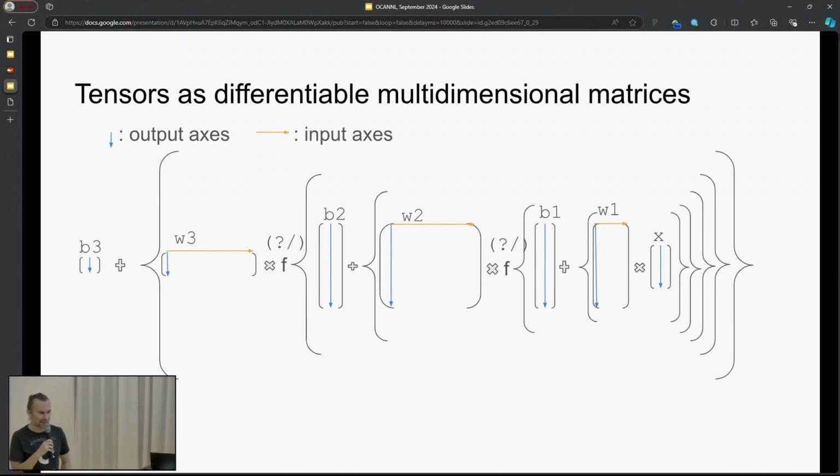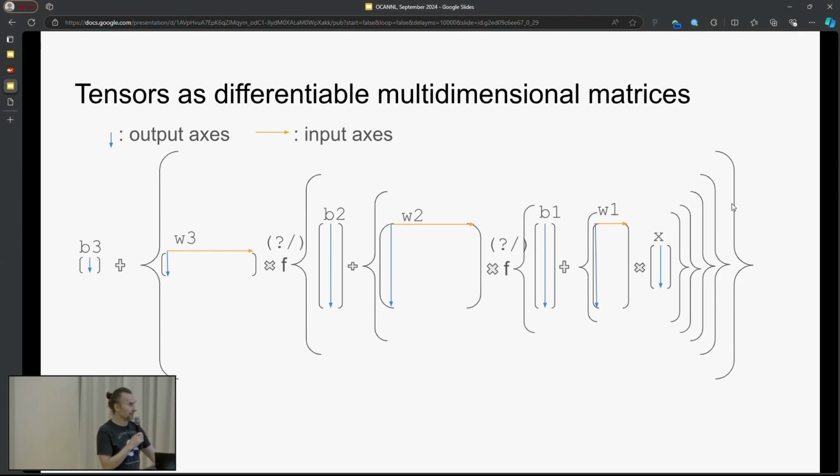So what does the model look like? It's composed out of matrices or multidimensional arrays we call tensors. Those arrays, by being part of an expression, they are actually transformations, not just numbers.